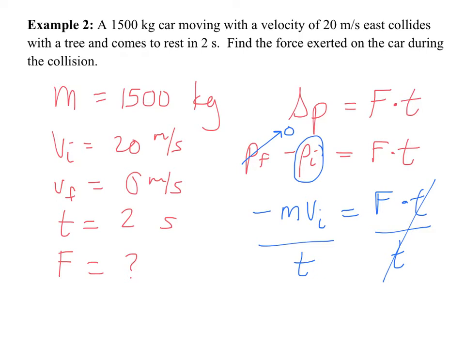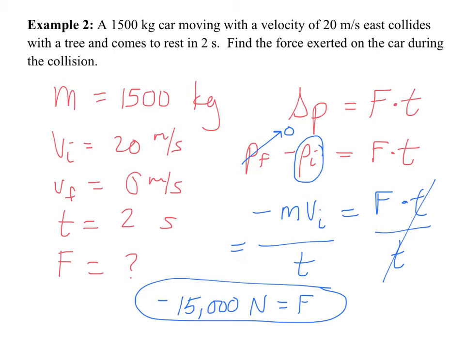So the force has got to be negative in this answer. What do you get for force in this problem? It's a large number. Is it negative 15,000? Yeah, 15,000, and the units for force are newtons.